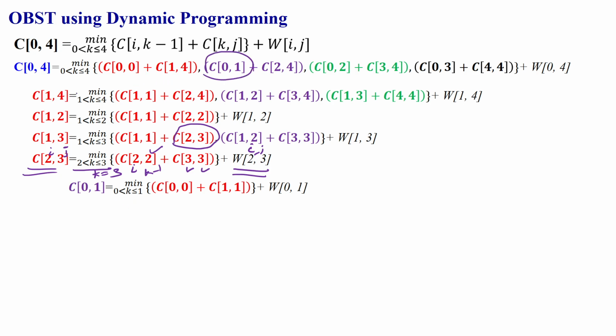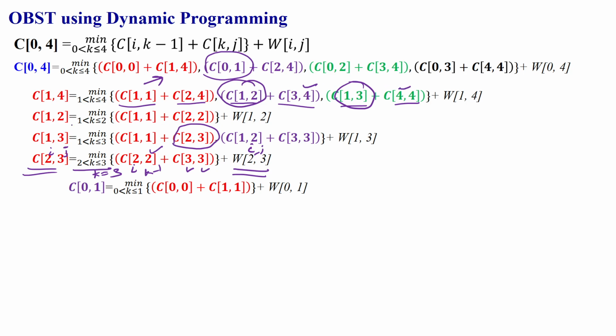So for C of 1 comma 4, we are having these many sub problems, okay? 1 comma 1, 2 comma 4, 1 comma 2, 3 comma 4, 1 comma 3, 4 comma 4, right? So here we identified the values for 1 comma 2, then 1 comma 3. Still we have to identify 3 comma 4; 4 comma 4 already is 0.